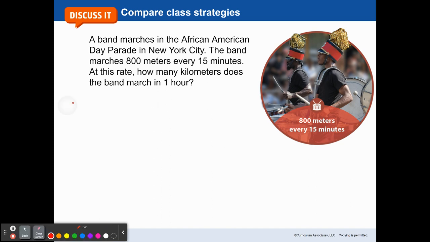So right now, 800 meters every 15 minutes. We want to convert this. Right now we've got meters per minute, but they want kilometers per hour, right?